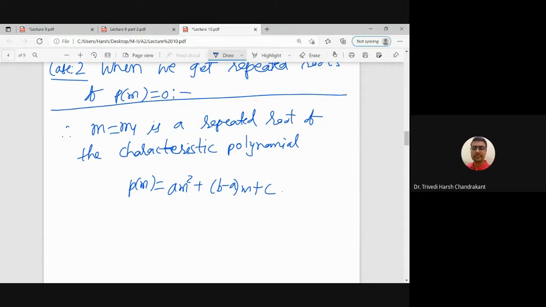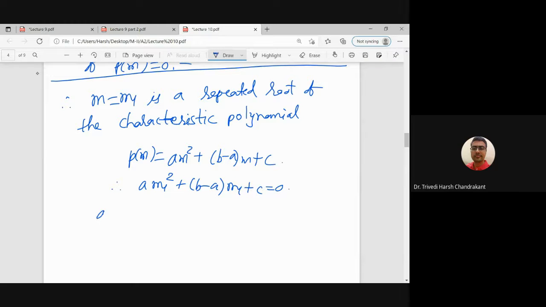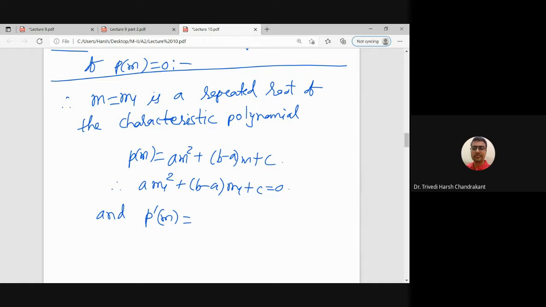This is the polynomial, and since m1 is a repeated root, first of all m1 is a solution of this equation. So m1 satisfies this, and then the derivative of this polynomial is 2am plus b minus a.